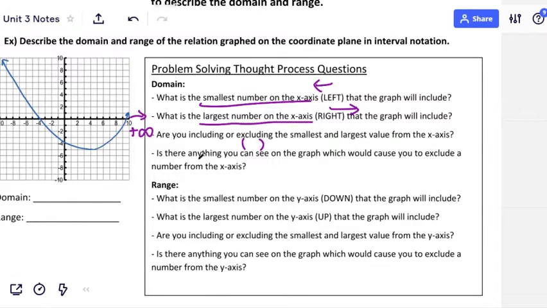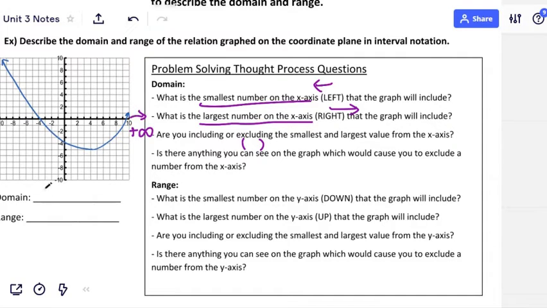And last but not least, is there anything that we can see on the graph which would cause you to exclude a number on the x-axis? That would look like an open circle in the graph, just like we had for inequalities, which are called holes. But in this example, we don't have any, we have a continuous line from left to right.